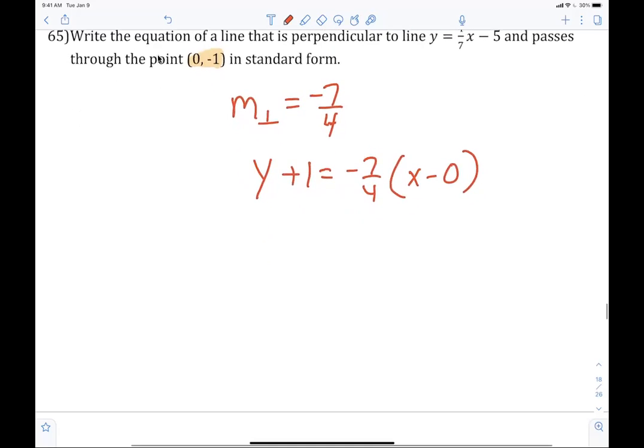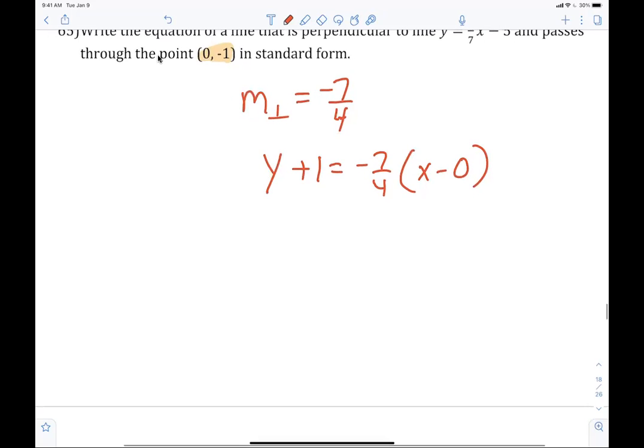All right, so now I want to put it in standard form, so what should I do? You multiply each side by 4. Good. So what do I get on the left side? 4y plus 4 is equal to -7 times x minus 0. Just negative 7x. Does it matter if you put the 0? No. All right, so final answer.